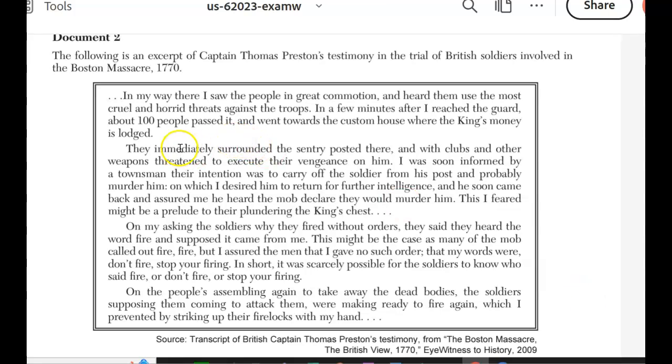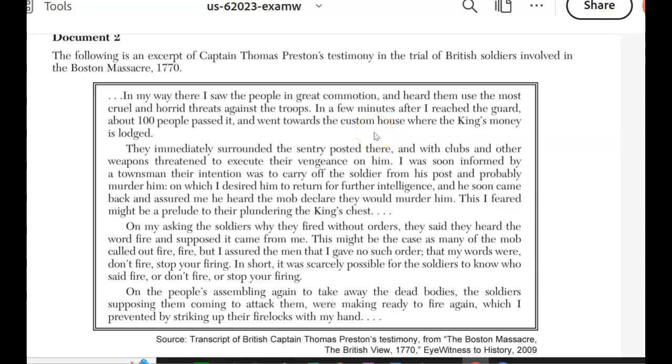In my way, there I saw the people in great commotion, right? So a lot of hubbub, and heard them use the most cruel and horrid threats against the troops. In a few minutes after I reached the guard, about 100 people passed it and went towards the custom house where the king's money is lodged.